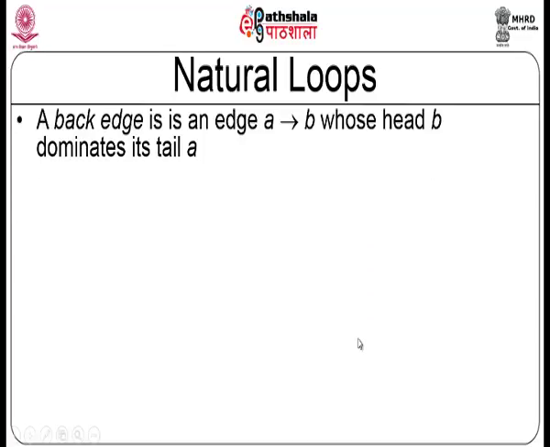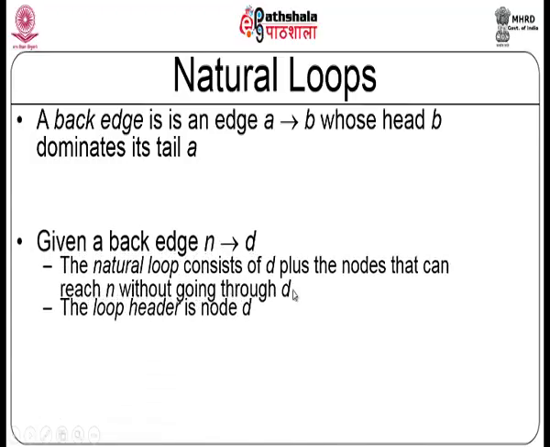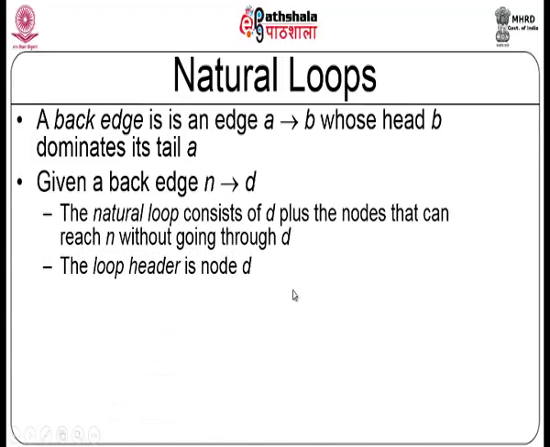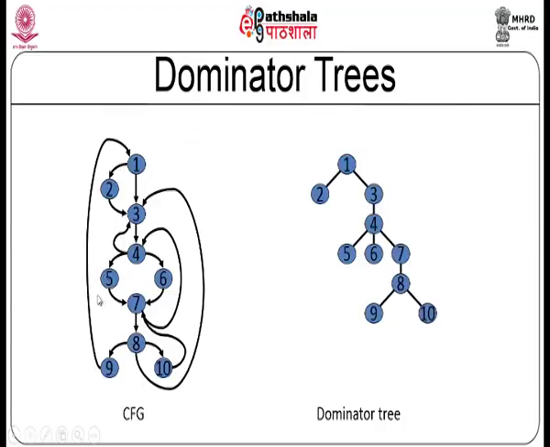Now we have a concept called natural loop, where a back edge is an edge A to B whose head B dominates its tail A. Given a back edge N to D, the natural loop consists of D plus the nodes that can reach N without going through D. The loop header is node D. So in this example, let us take a small example here: 4, 3, the loop 3 to 4.